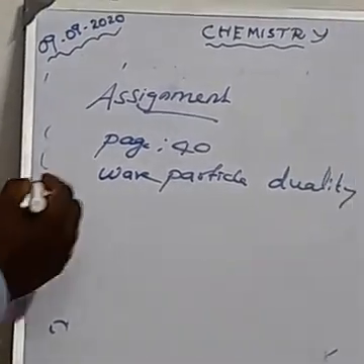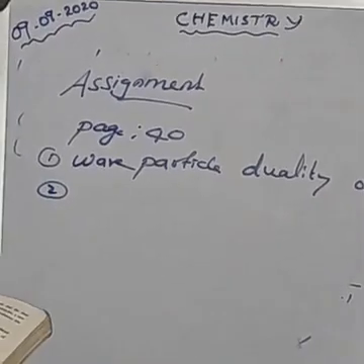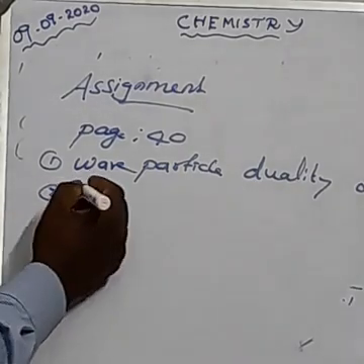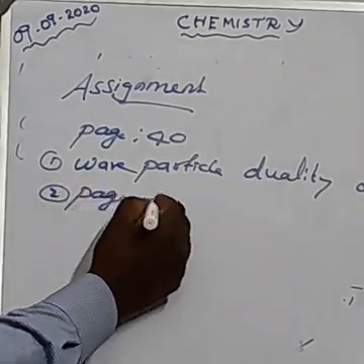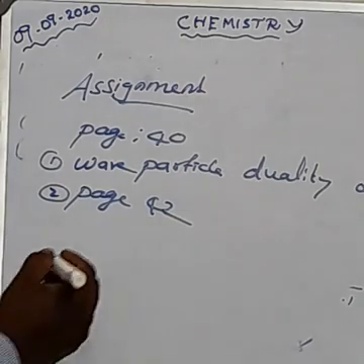And the second one is page number 42, Heisenberg uncertainty principle.